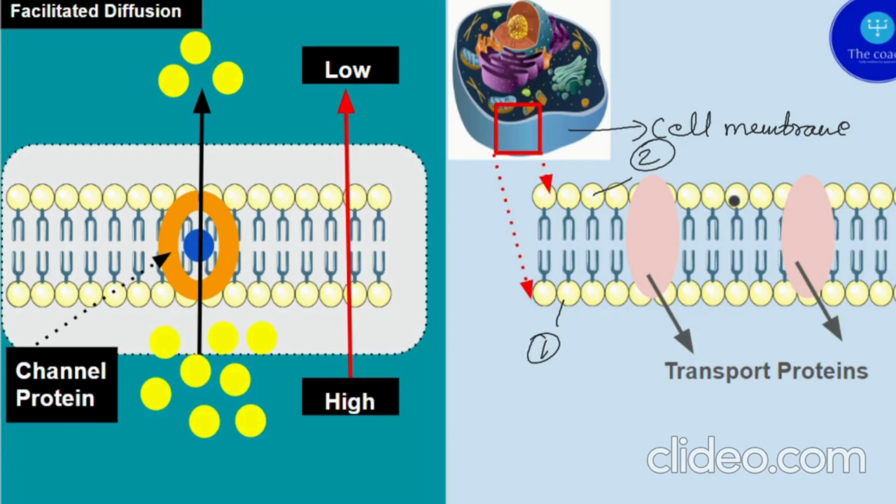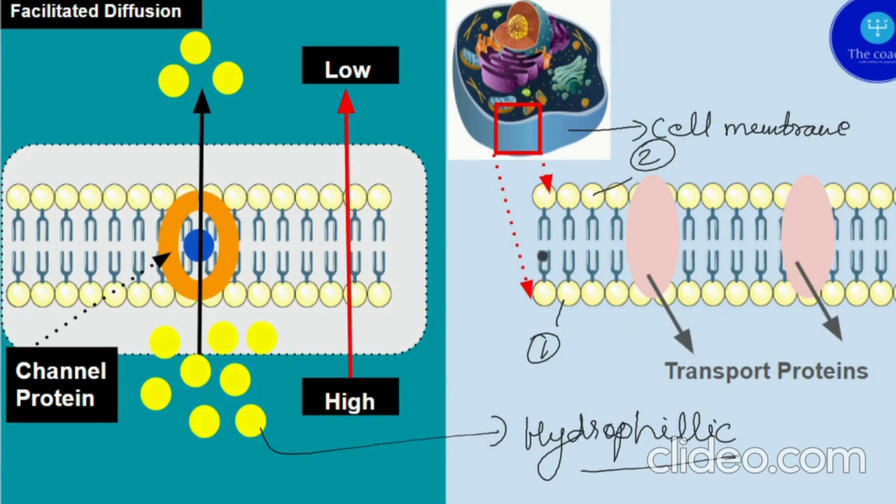They cannot pass through the bilipid layer. So to transport those molecules in and out of the cell, we have channel proteins. Hydrophilic means water loving, so they cannot be soluble in lipids. They can only be soluble in water or polar solvents, so they cannot pass through this lipid bilayer membrane.